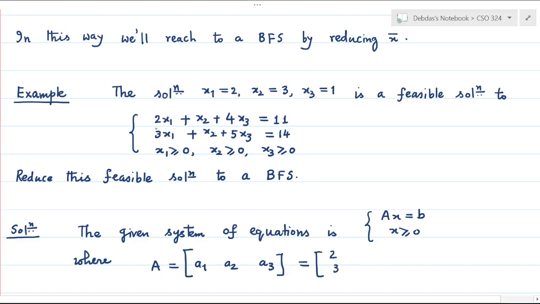Associated to A1 you have the variable x1, associated to A2 you have the variable x2, and associated to A3 you have the variable x3. A2 is 1, 1, A3 is 4, 5. And b is equal to 11, 14. And in x you have components x1, x2, x3.